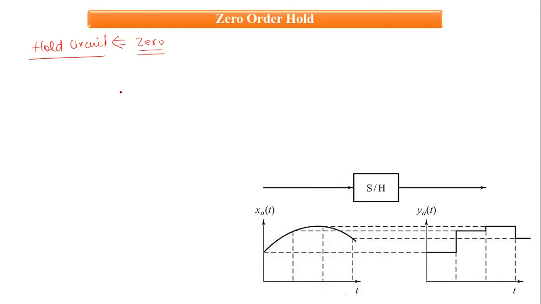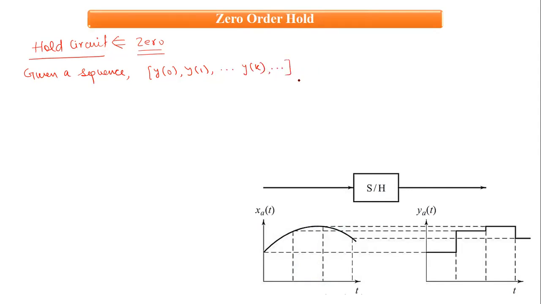To understand the zero order hold, let us consider that there is a given sequence, for example y0, y1, and some kth output sample, and so on.